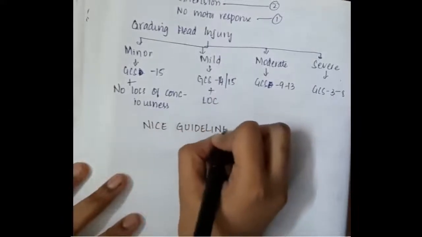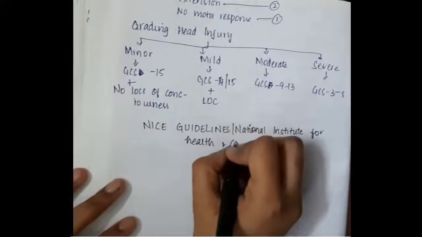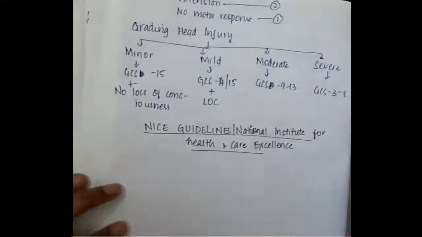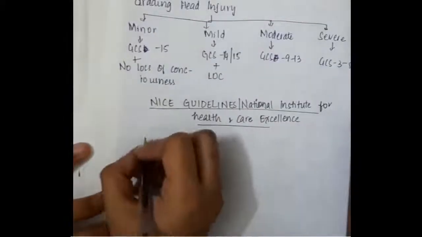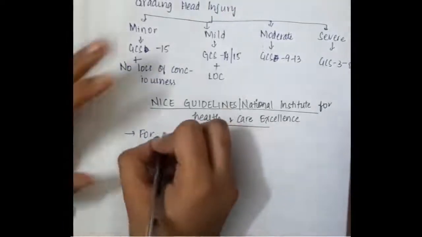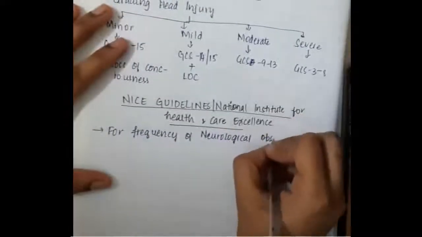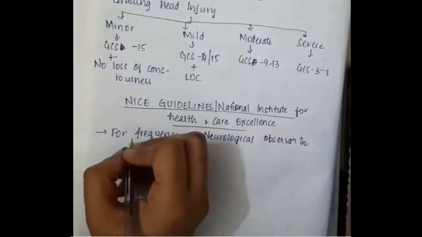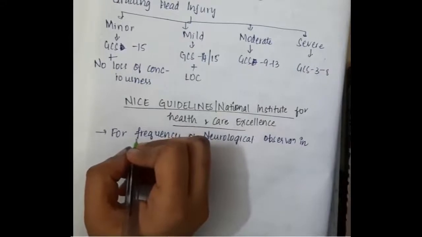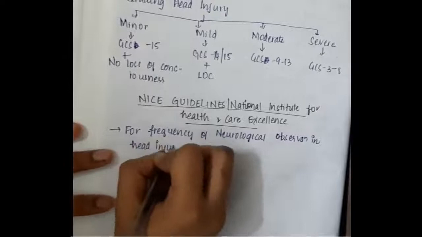Then we have NICE guidelines, from the National Institute for Health and Care Excellence. These guidelines give the frequency of neurological observation required in head injury patients, that is, how many times we should examine a head injury patient.